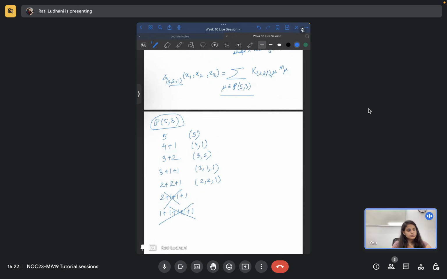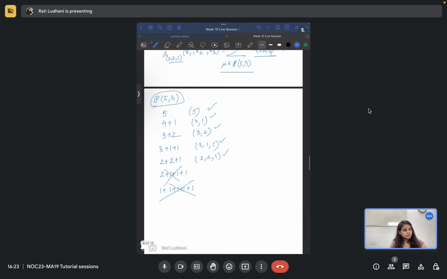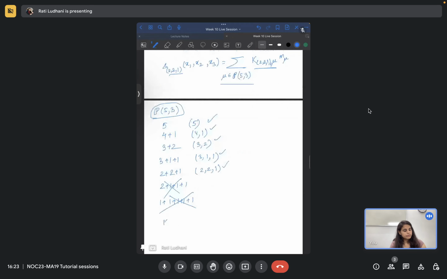So we need to find out the Kostka polynomial for all these 5 options. So let's try to calculate. Let's begin. First you have 2 2 1 and mu is 5.